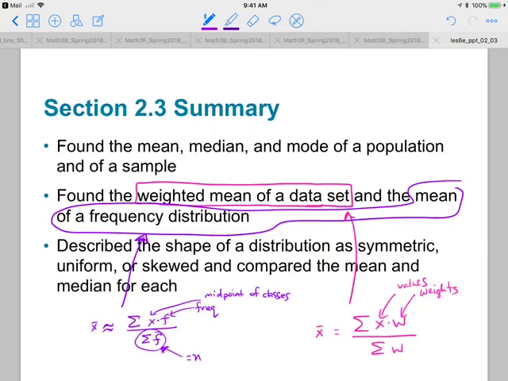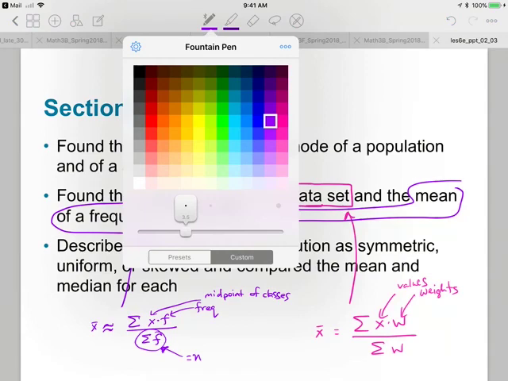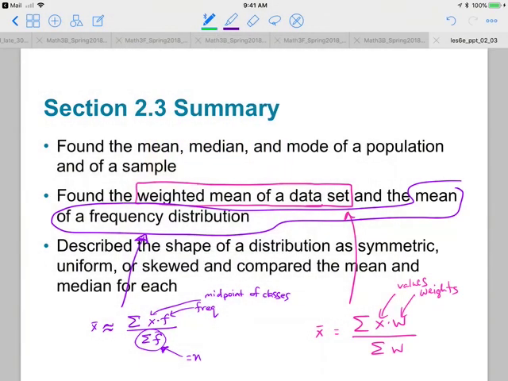Okay, and then for the mean, we were introduced to some new notation. Notation wise, we have x bar, which is the sample mean. And do you remember the symbol for population mean? Do you remember how to pronounce it? Mu.